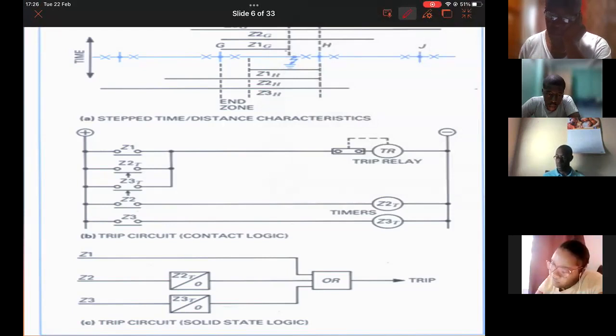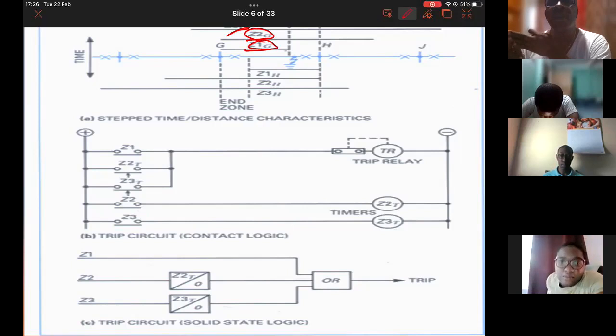We have our zone 3 up top. It's off the page a bit. We have our zone 2. We have our zone 1. And note that those are zone 3G, zone 2G, and zone 1G.